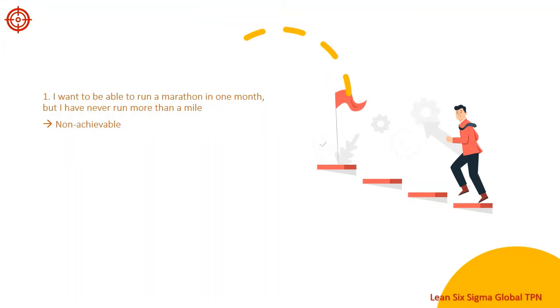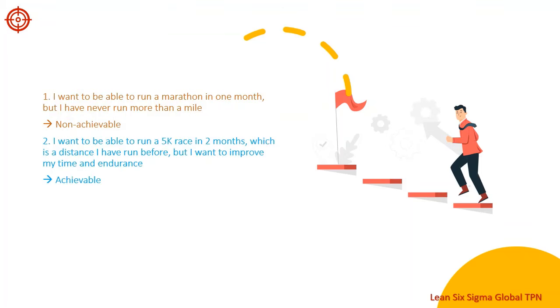On the other hand, the achievable goal of running a 5K race in 2 months is realistic and achievable given their current fitness level and experience with running. This goal is challenging but not impossible, allowing the person to stretch themselves and improve their fitness level while still feeling confident and motivated to achieve it.